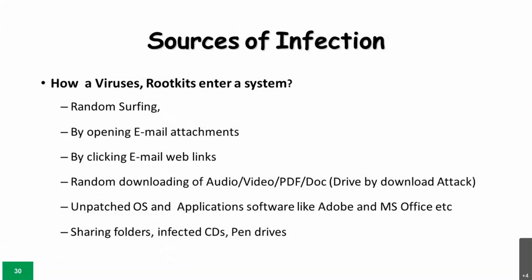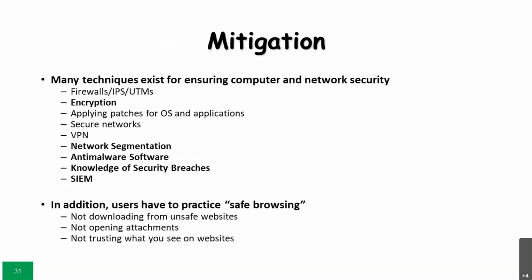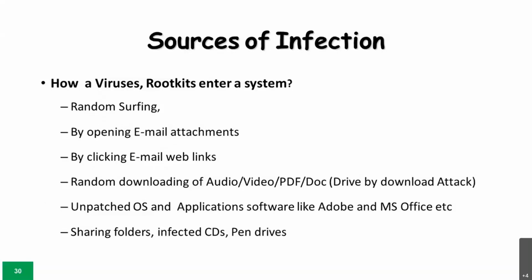Here are the sources of infection. How can infection happen in our systems? These are the sources of the infection. Viruses and rootkits enter our systems by random surfing.